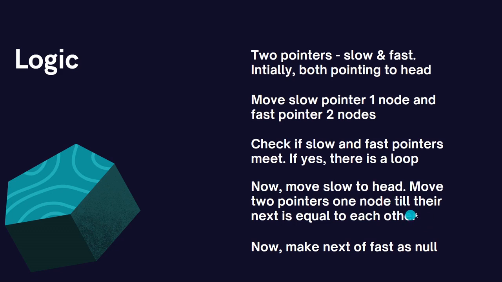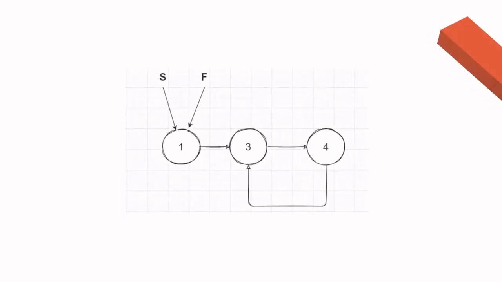Till that happens, we are going to move them one node at a time. When slow.next is equal to fast.next, that means that we have met at the point where we have to remove the loop. Then we will just make the next of fast as null. So this is really a theoretical explanation. Now let's see the diagram.